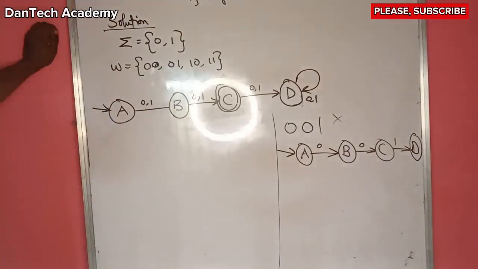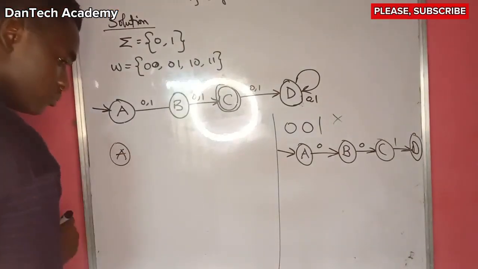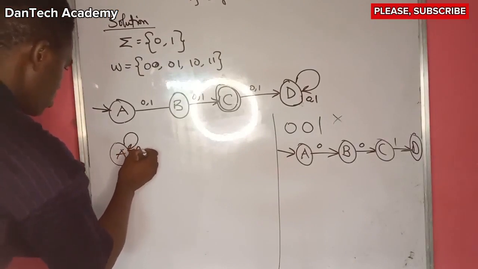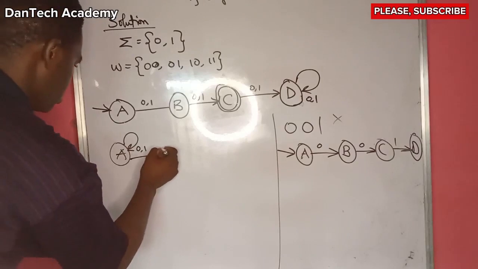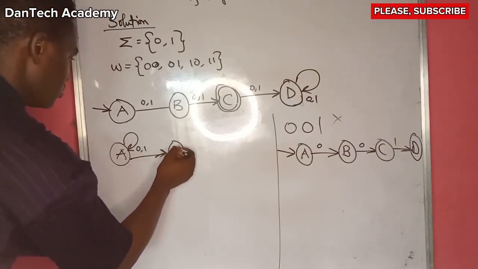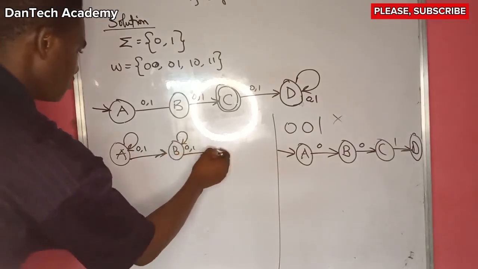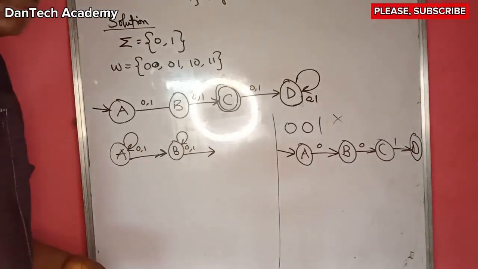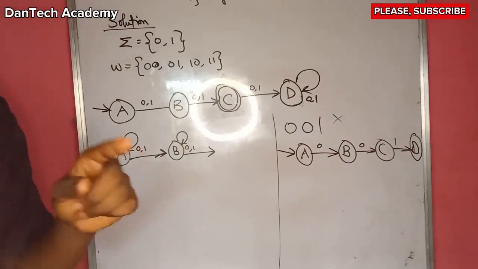We have A, self loop 0, 1. Move to B. Self loop 0, 1. Move to C. Final state. Now, if you are doing a self loop, how come you are starting with a self loop when we did not have input in the first place?